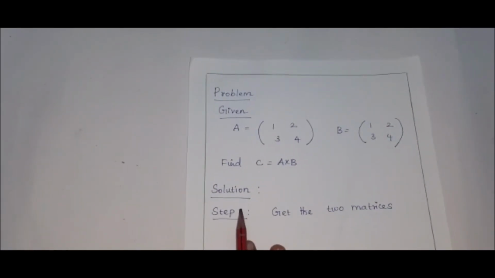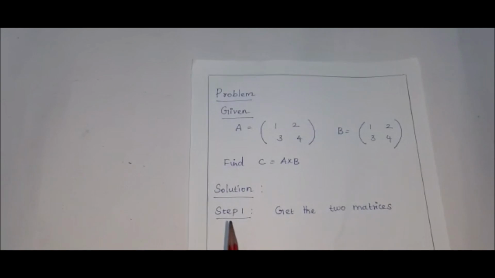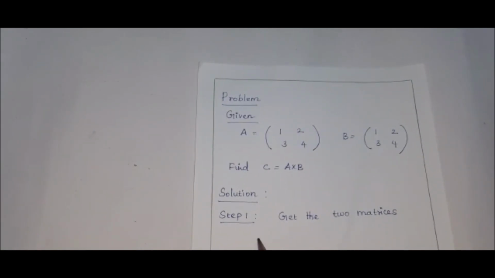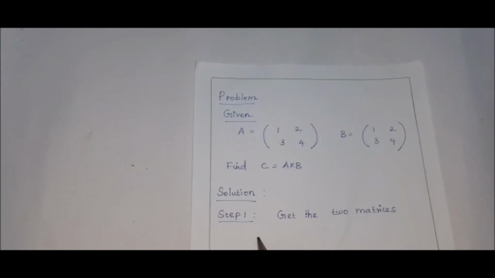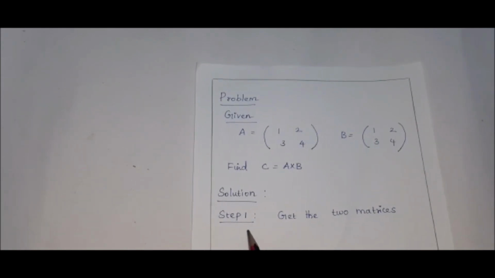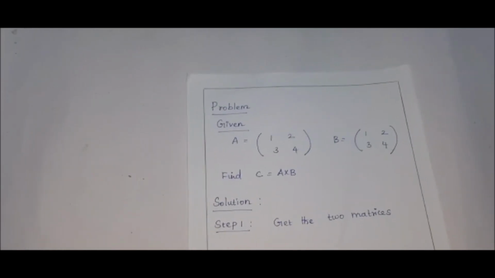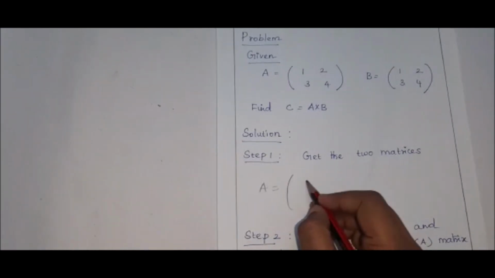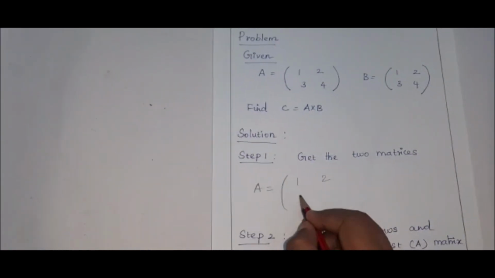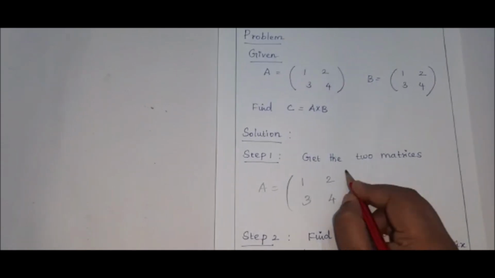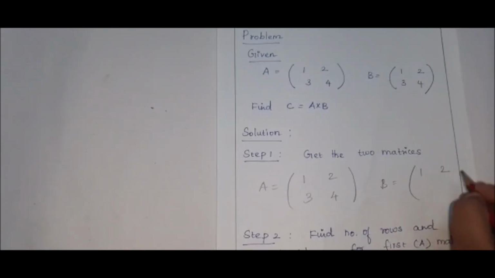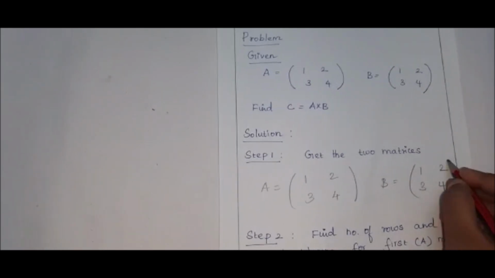As per the strategy or structure we have seen earlier, the first step is to get the two matrices. Just get two matrices here. A equal to 1, 2, 3, 4 and B equal to 1, 2, 3, 4.